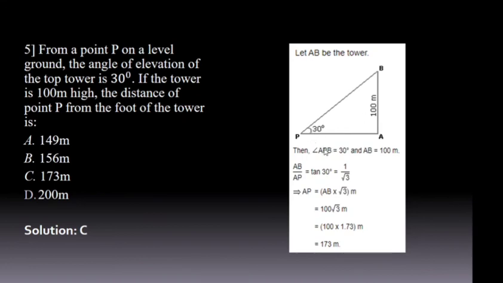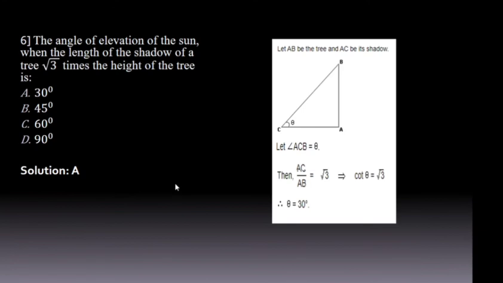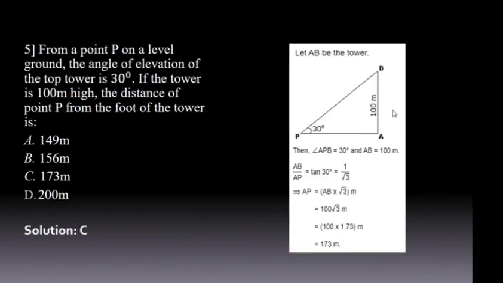Now the distance of P from the foot of the tower. This particular distance PA or AP we have to find out. Again, I am concerned with the opposite side and the adjacent side. So I have to take tan of the angle.